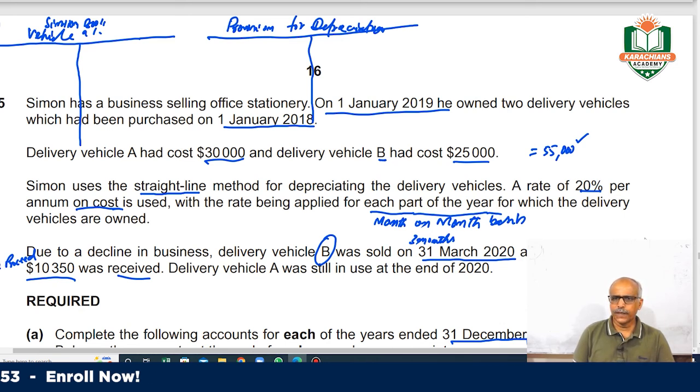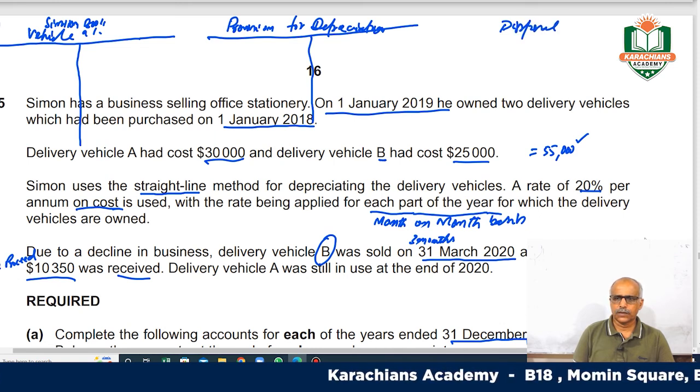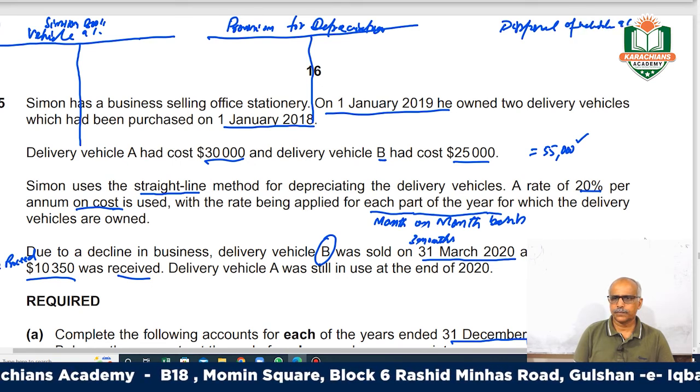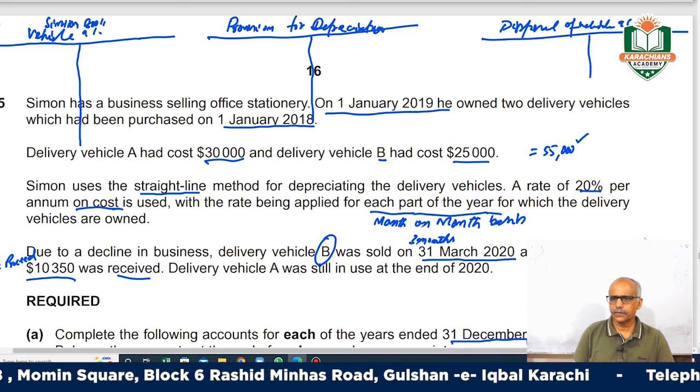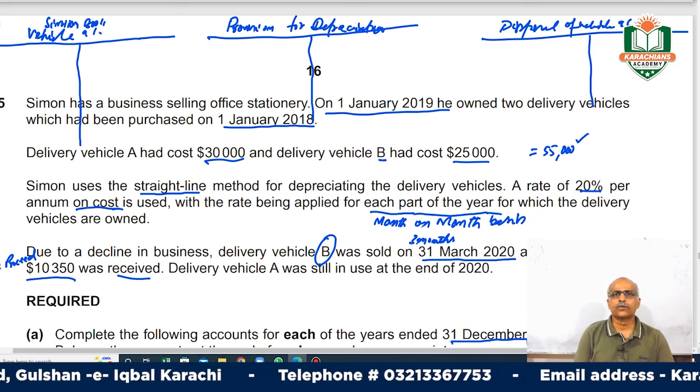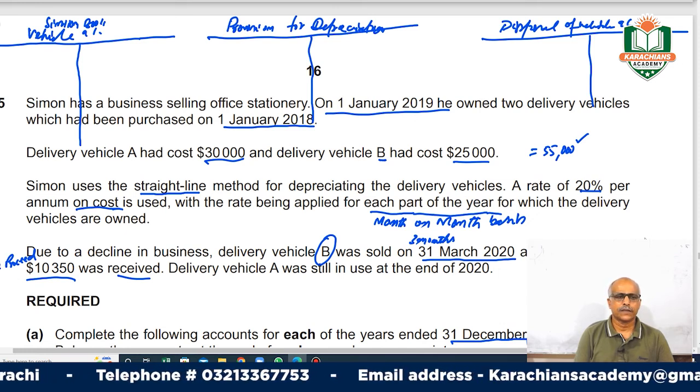Third account you have to make is disposal of vehicle account. For this, you have to maintain it for 2 years, 2019 and 2020.